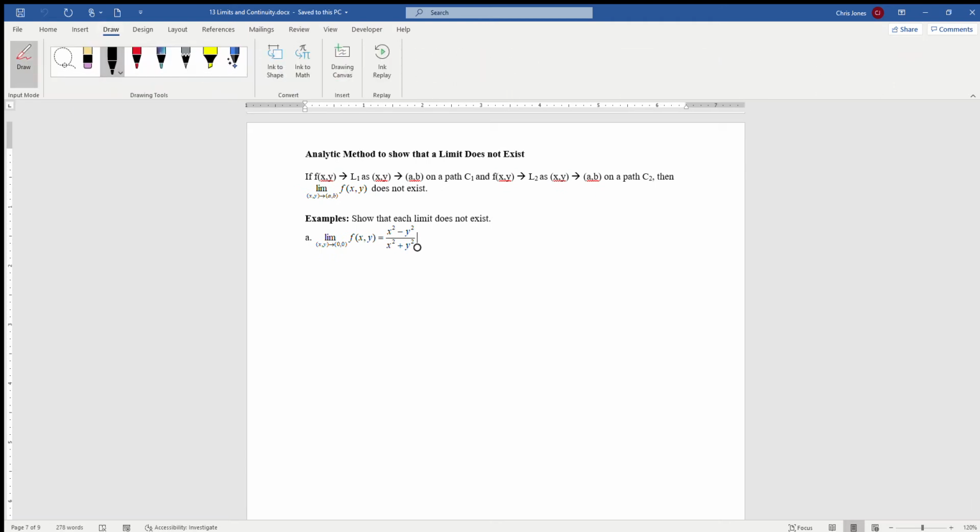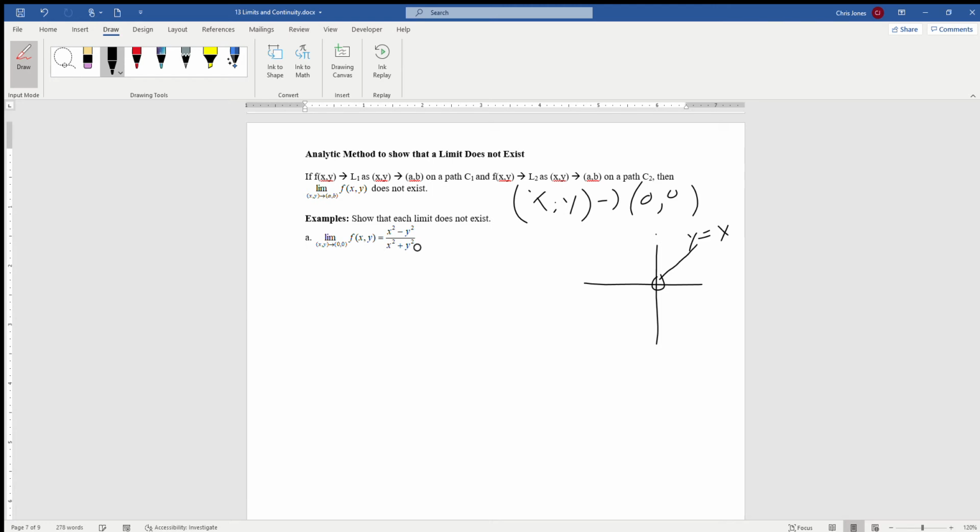As (x, y) approaches (0, 0), there's a number of paths that we can take to get to the origin. We could certainly take a linear path, in other words, y equals x.